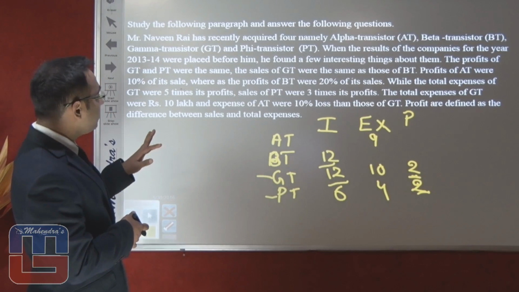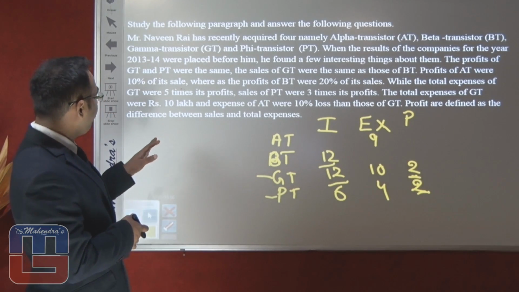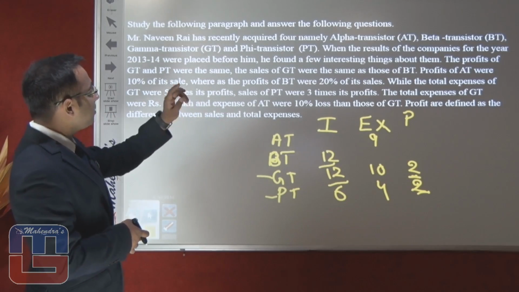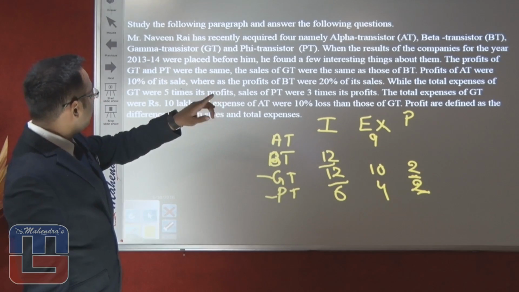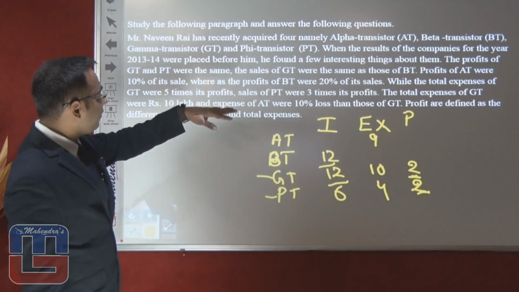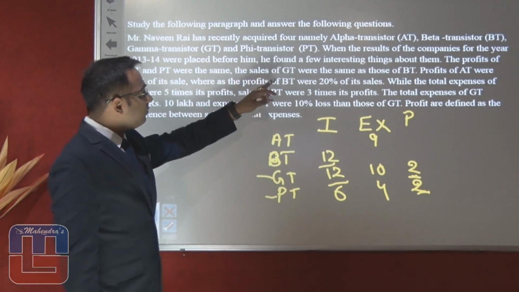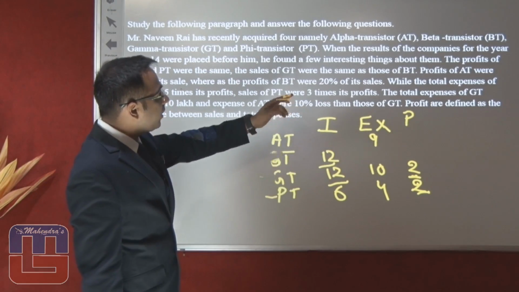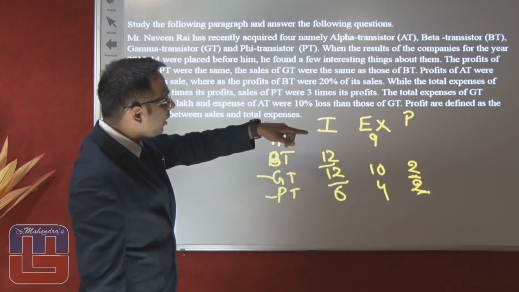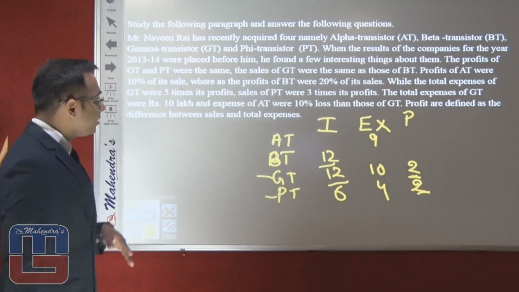Now what other data do we have? GT profit is defined as the difference of sales and total expense. First line: the profit of GT and PT were the same. We have used this data. The sales of GT were the same as those of BT. We have used that data. Profit of AT was 10% of its sale.